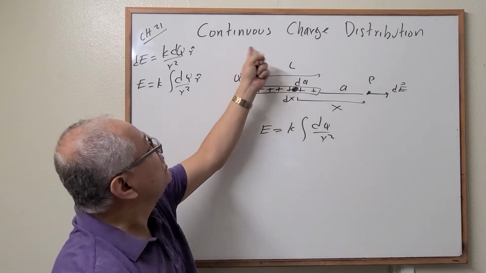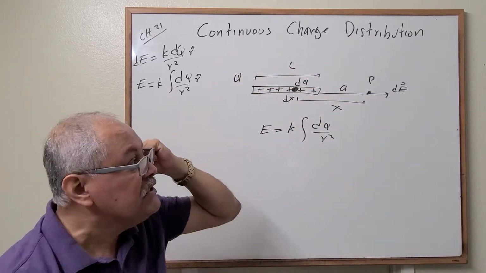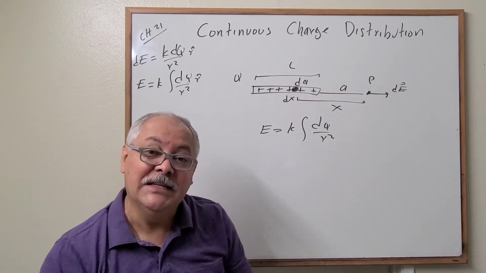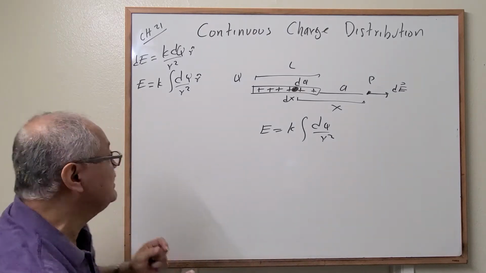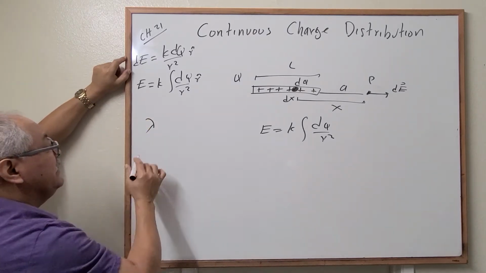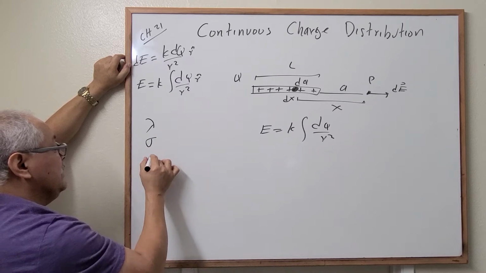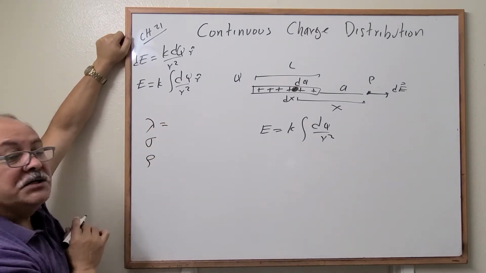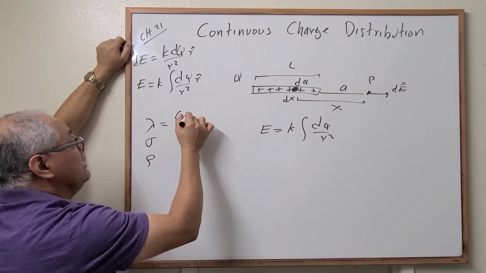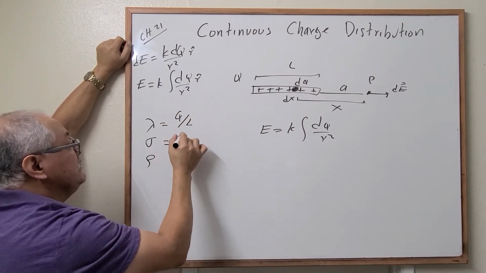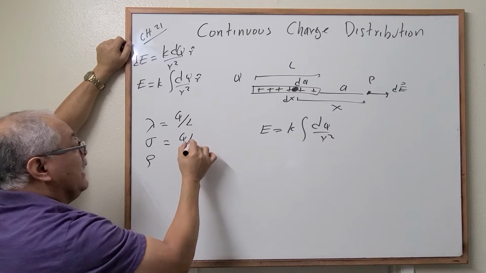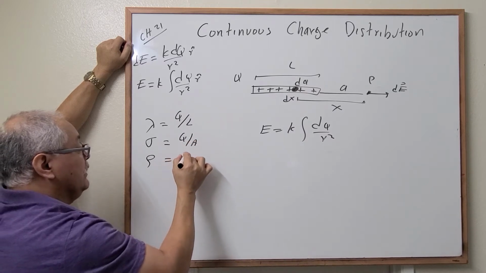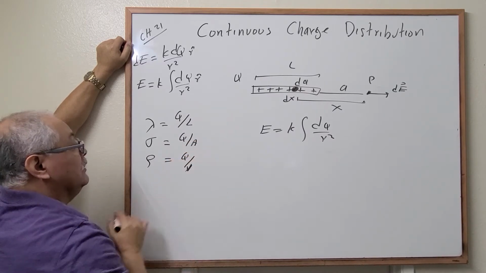But when we're dealing with distributions, it's easier and better to use densities. We have three types of densities: linear density, surface density, and volume density. Linear is defined as the charge divided by L, surface is the charge divided by area, and volume is the charge divided by the volume.